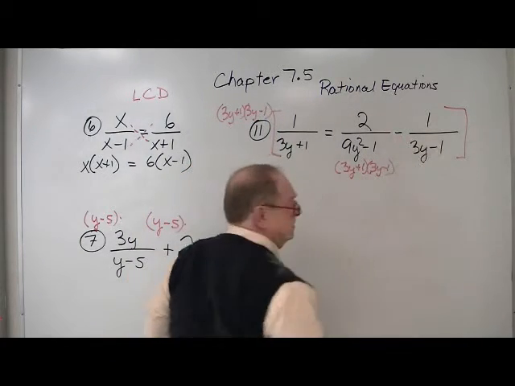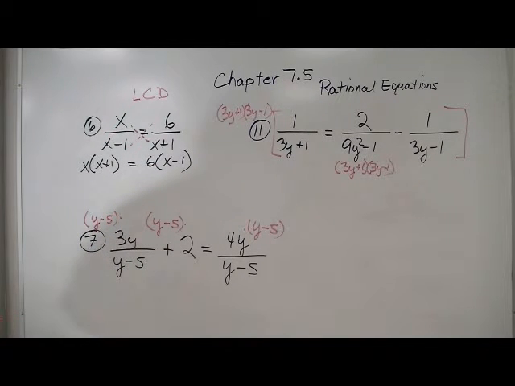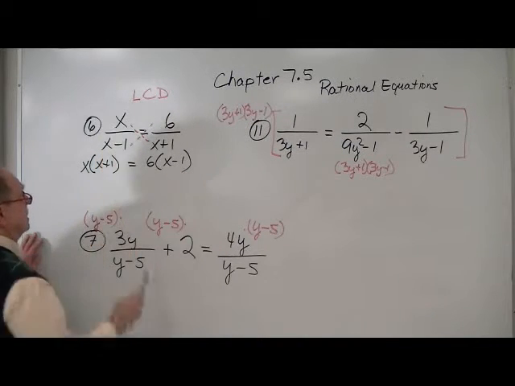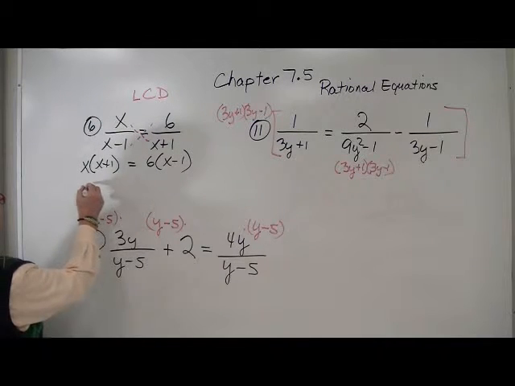Writing that 3 times gets a little complicated, but basically that's what we're going to do. So this is the start of the process to get rid of the fractions by multiplying every term by the least common denominator. So we did this one already, so let's multiply through.